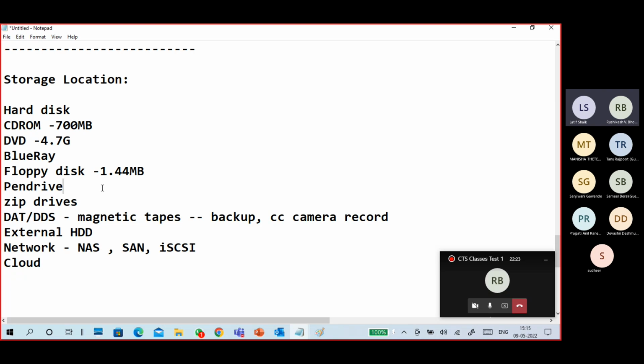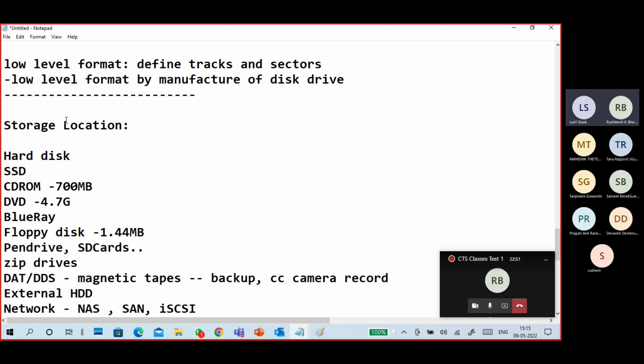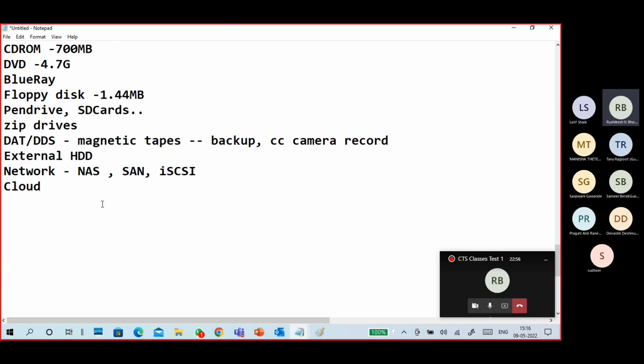Pen drives, SD cards, memory cards, whatever it is, zip drives, DATs, external hard disks, SSDs, network locations, cloud locations, we store the data. So either device-wise or location-wise we are talking, storage devices-wise or location-wise where you store data. So this is the first point I want to tell.